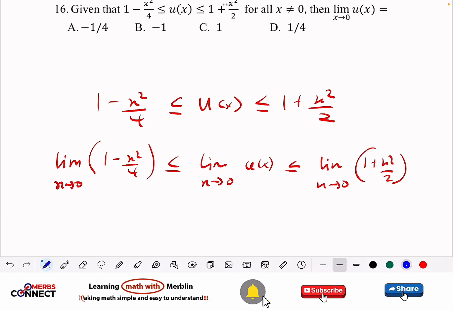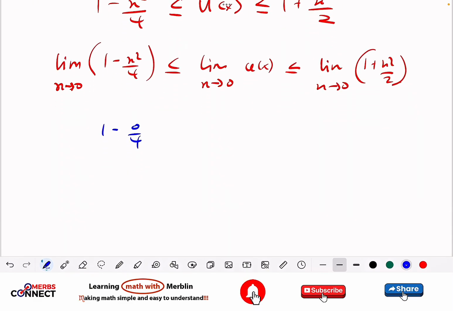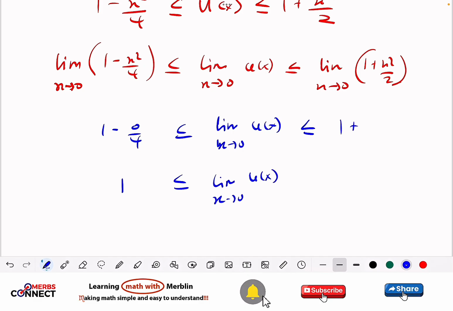Using the squeeze theorem, plug in 0, and this will be 1 minus 0 over 4, which gives us 1 minus 0, which is 1. For the right side, plug in 0, and you have 1 plus 0 divided by 2, which is equal to 1.